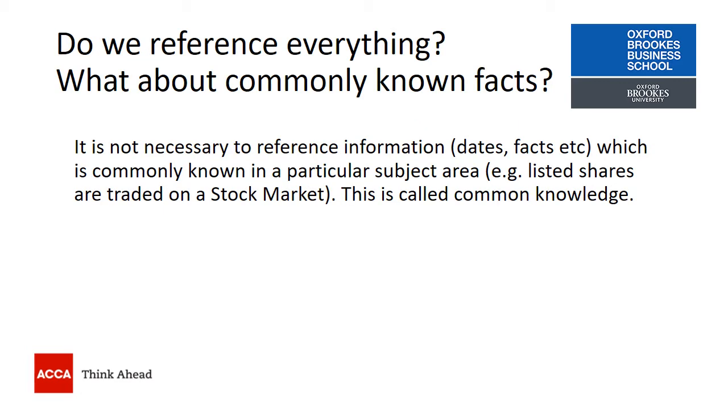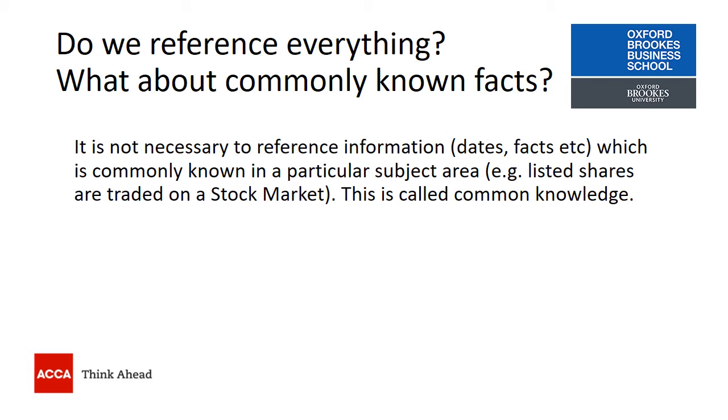And in terms of how many references, do we have to reference absolutely everything? Well, what we say is that you don't need to reference what we call commonly known facts. So anyone that's an accountant or a finance professional will know that listed shares are traded on a stock market. That is what we call common knowledge. It's a commonly known fact.